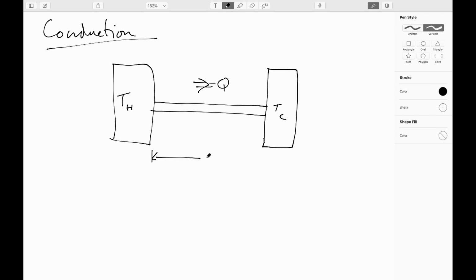So what's going to dictate the rate of transfer? Well, one of them is going to be the difference in the temperatures. The greater the difference in temperatures, the more extreme the difference in the average kinetic energy of each molecule, which means that there will be a greater transfer of energy between successive molecule collisions as you go along, say, this rod or whatever it is.